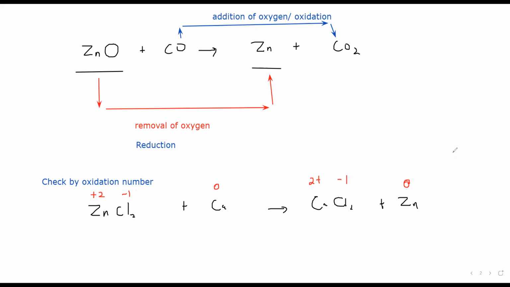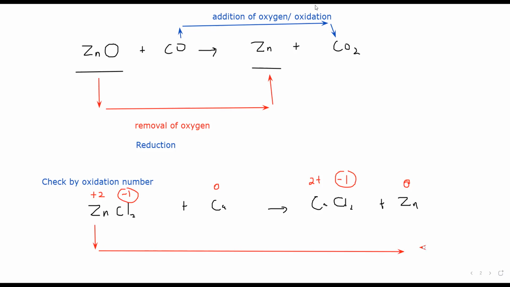Now we will check the changes. Look, when we check chlorine, chlorine is -1 before and -1 after the reaction. So there is no change for chlorine, no oxidation or reduction. But what about zinc? It is +2 and it changes to 0.